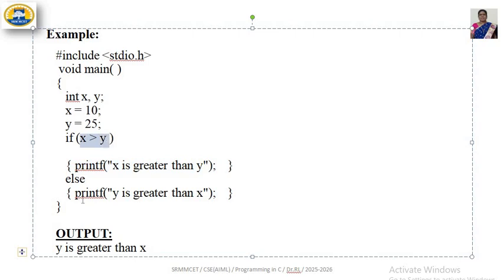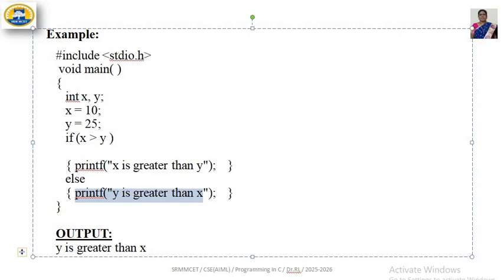If it is false, the statement printf y is greater than x is executed. Here x greater than y is wrong, so the condition is false. So the else part statement printf y is greater than x is executed, and the output becomes y is greater than x.